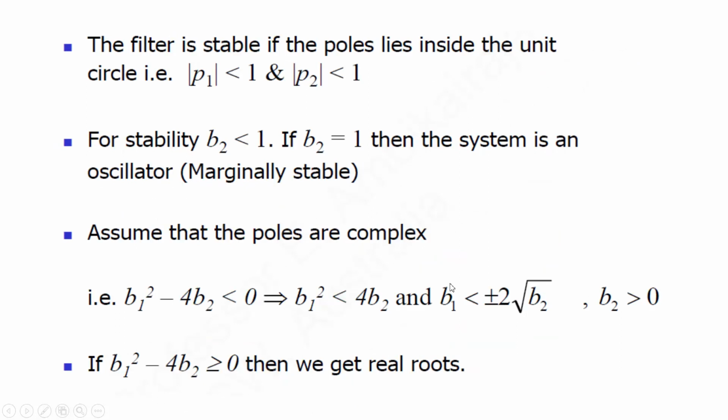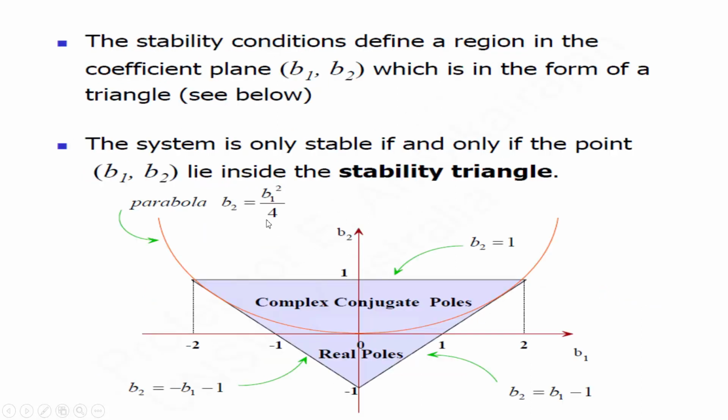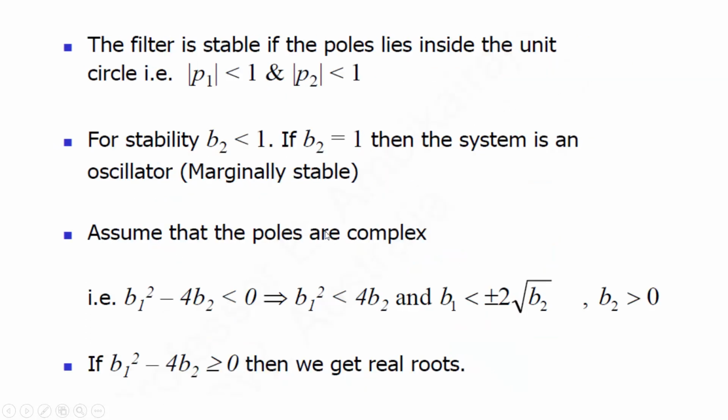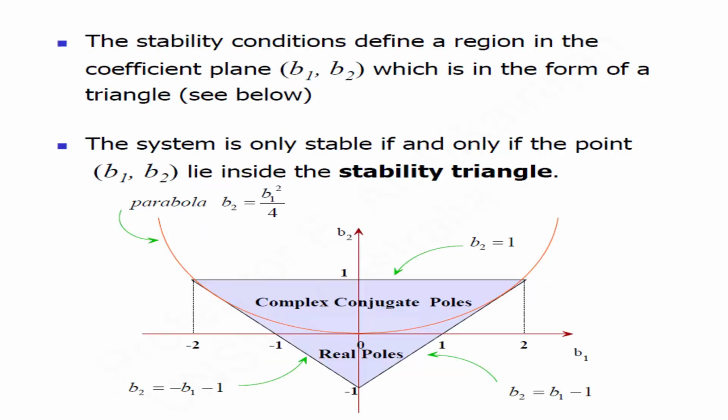In that case you will get b1 square over 4, and you will be able to get the value of b2, because that's a boundary we are taking. That's why we will take the equality value here, because to explain the stability we will take the boundary value.